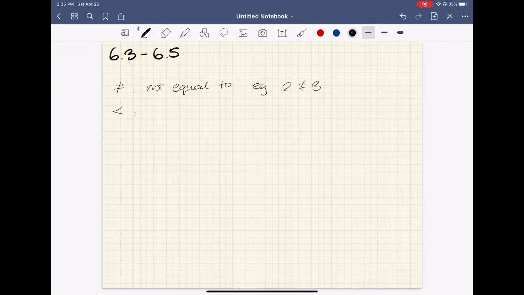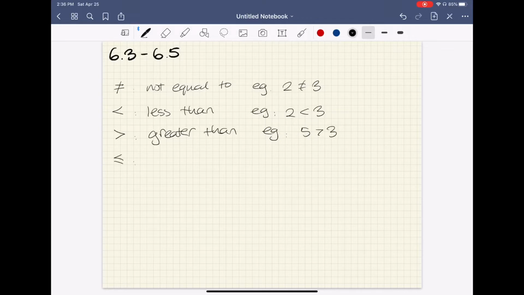This one is less than. Example, 2 is less than 3. Okay, next one. Greater than. 5 is greater than 3.